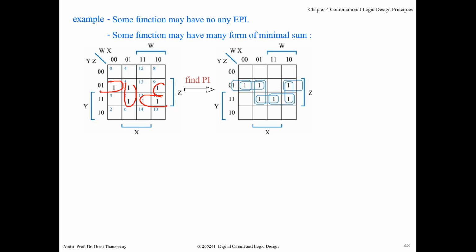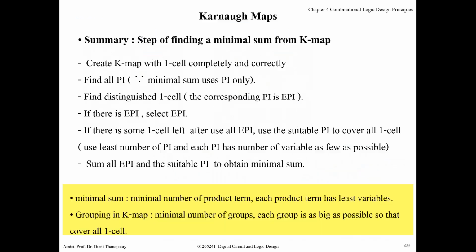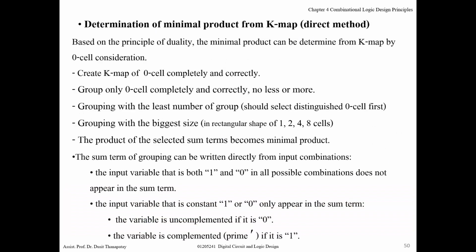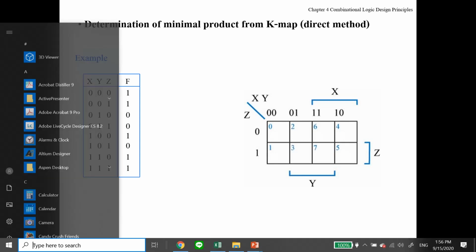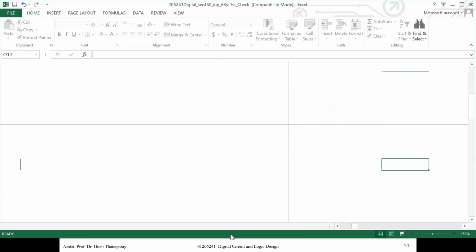Two possibilities to get the minimal sum. And for this example, there is no essential prime implicant because there is no distinguished one cell. Every logic one output is covered by two prime implicants. Let's summarize. Okay, now go to the next one.